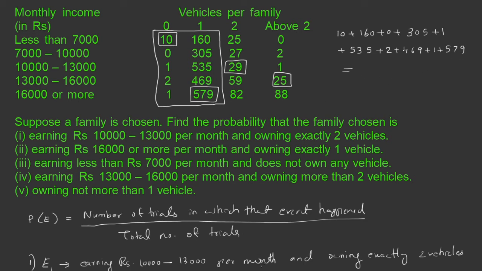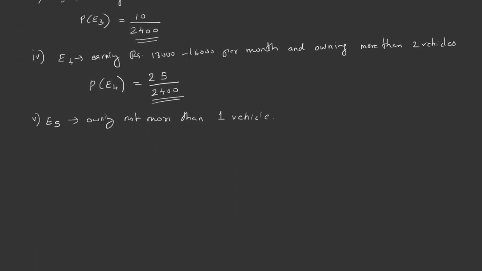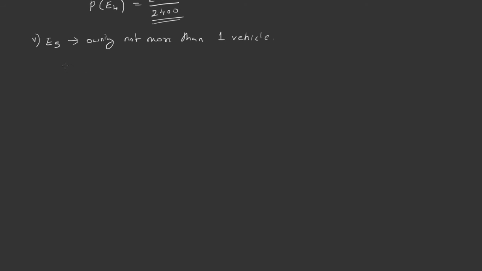That is equal to 2062. So, we can find the probability of event E5 is equal to 2062 divided by 2400.